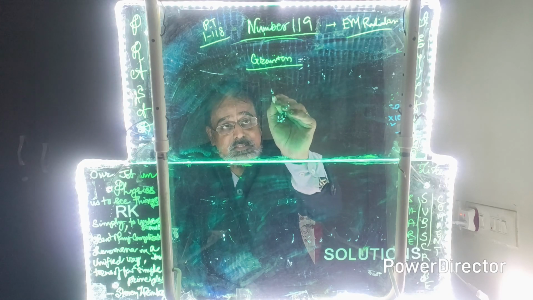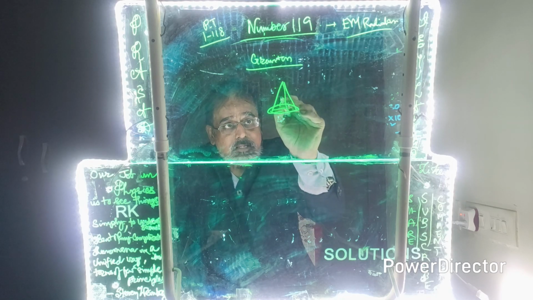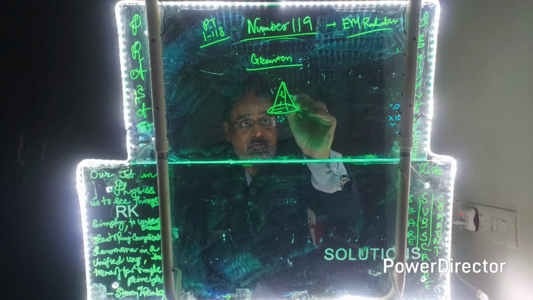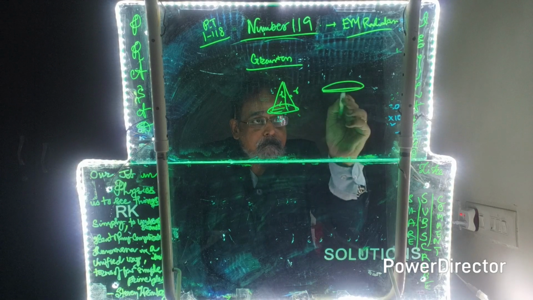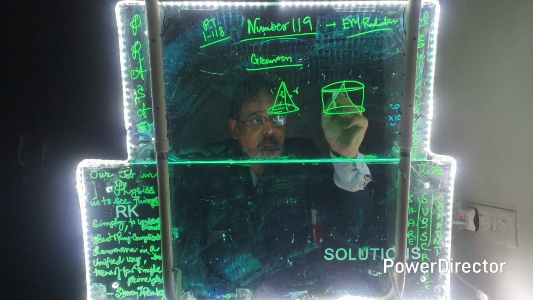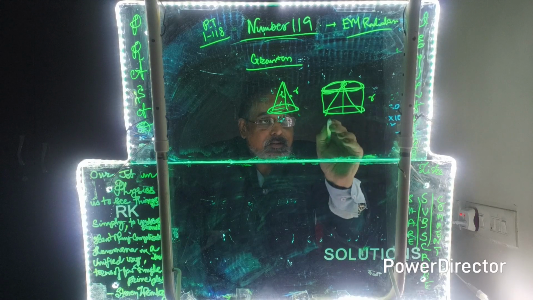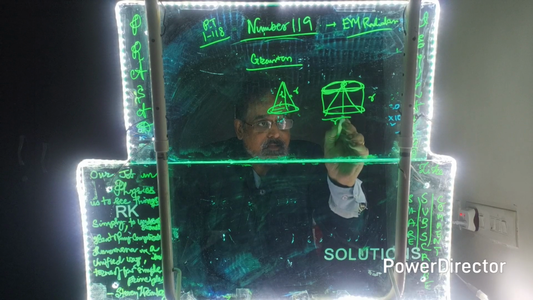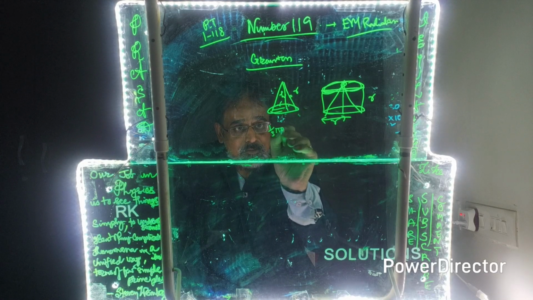So now let us take this one cone whose radius is r, height h is also equal to r, and we have a cylinder which can be divided into equal parts of radius r, height r. This is one third pi r cubed.